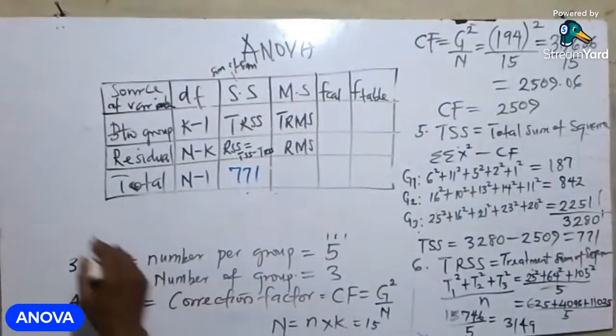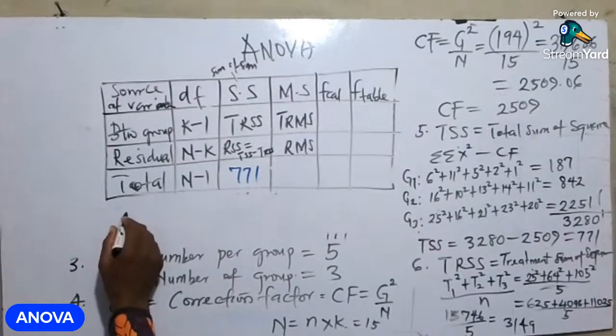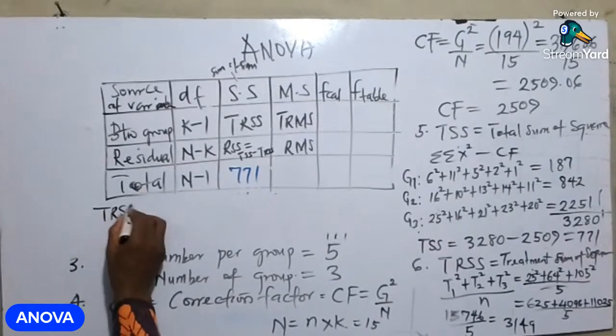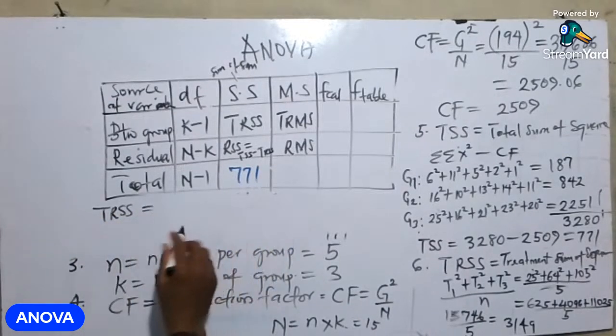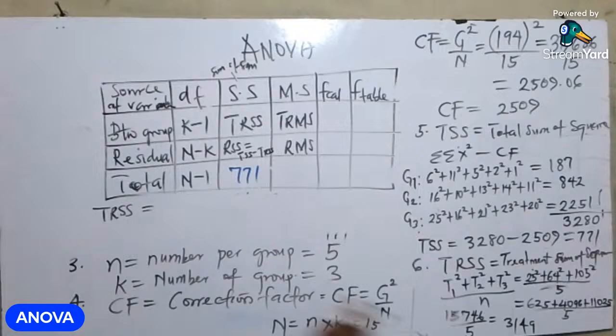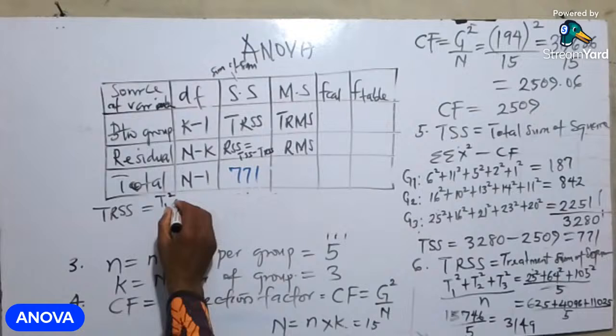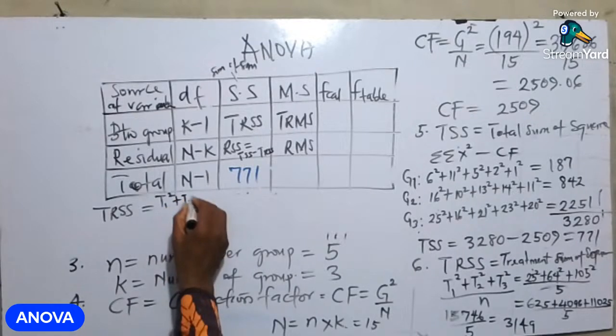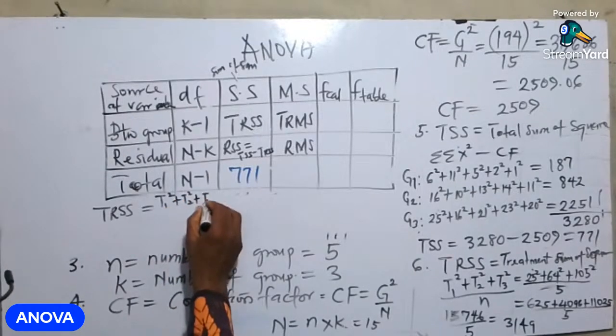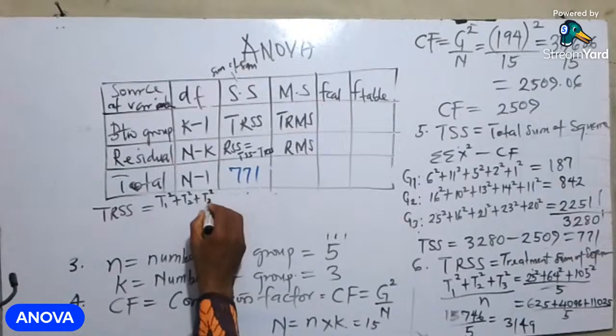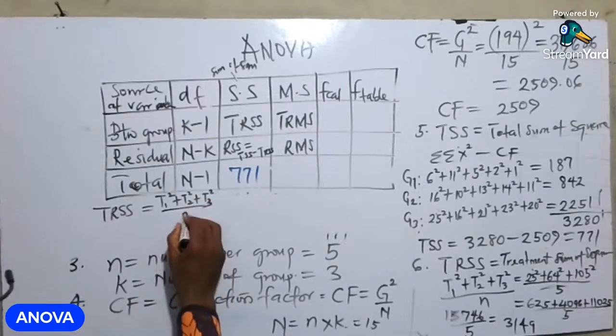So here now, I'm still on step 6. So that means my TRSS is equals the square of the grand total for group 1 plus square of the grand total for group 2 plus square of the grand total of group 3, to be divided by n.